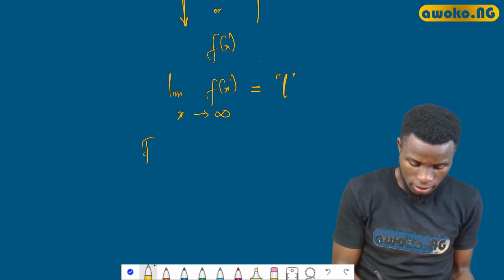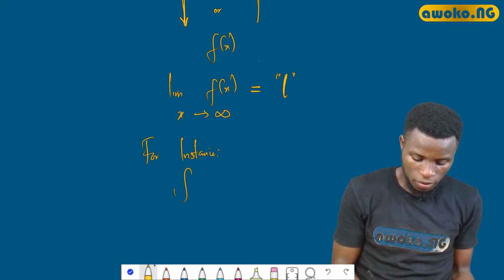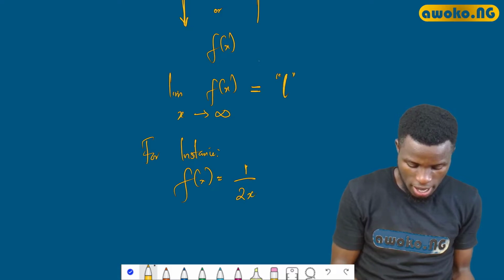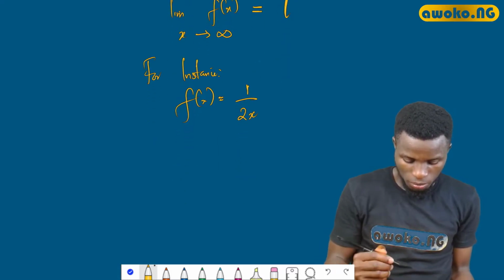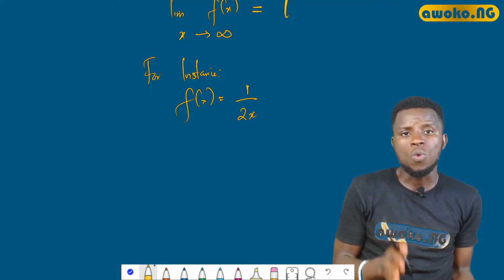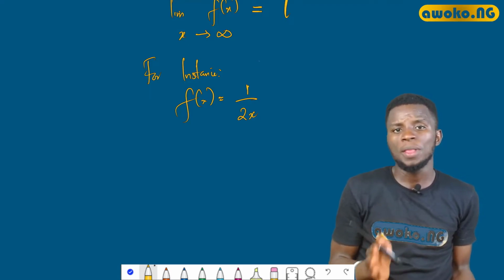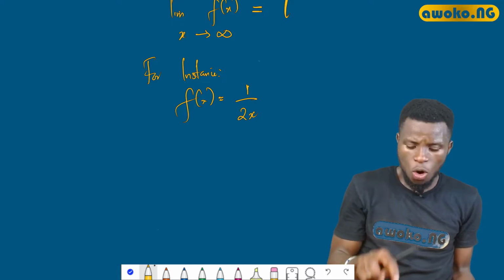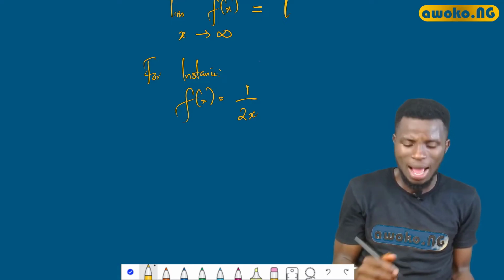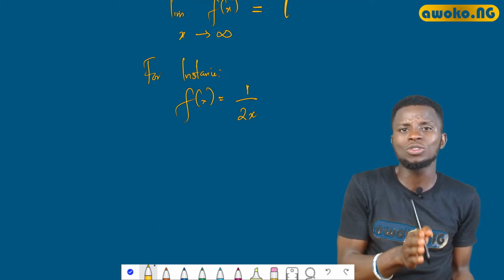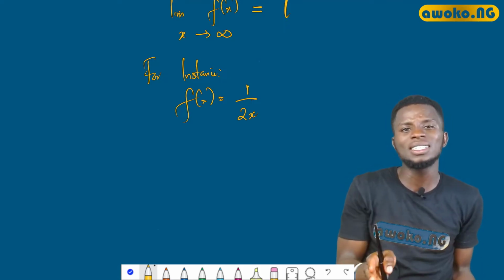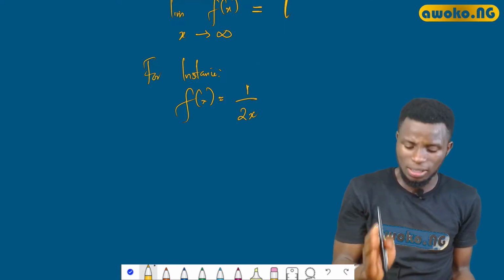So for instance, if we consider this function below, f of x equals 1 over 2x, and we wish to check the behavior of this particular function as x tends to or approaches positive and negative infinity.